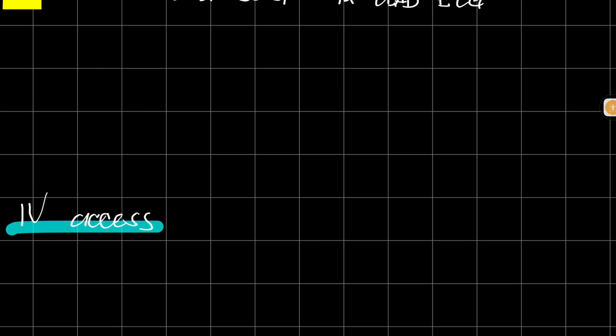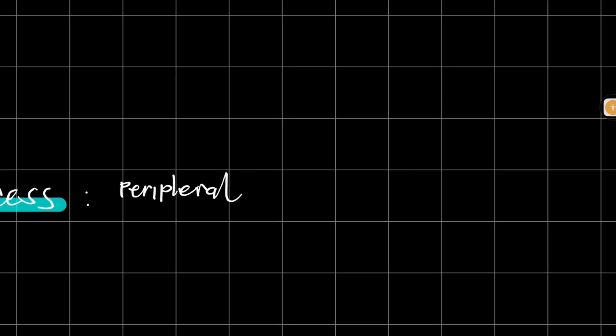okay? Now, a clue lang when giving and when starting an IV line, peripheral line. Nakakalimutan kasi natin ito. Peripheral line should always be in your what?